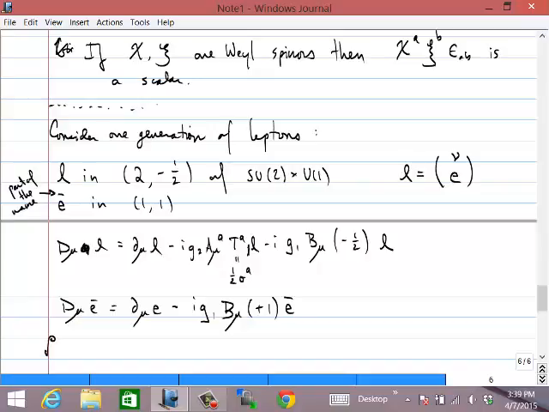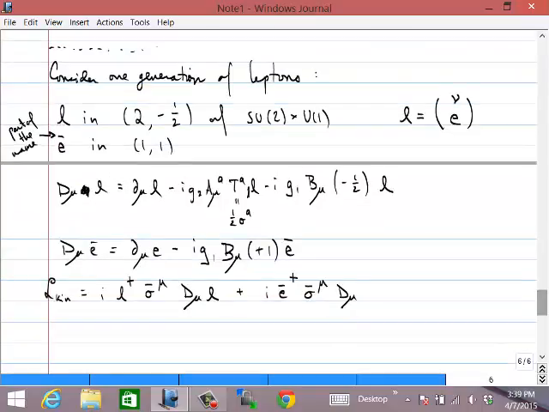And the kinetic term is just the kinetic term for a pair of Weyl fermions generalized in the usual way to take into account the fact that these are fields that transform in some representations of the gauge groups.